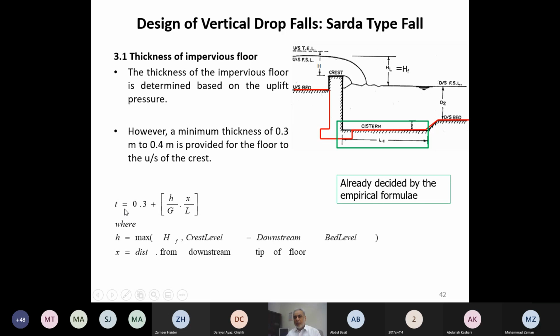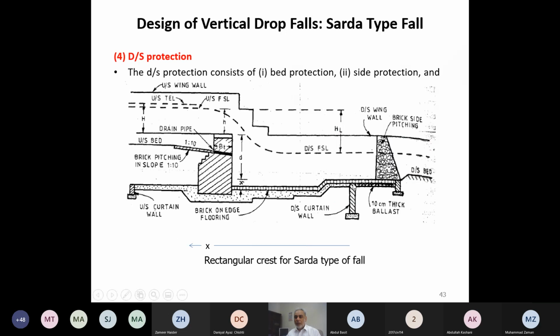On the downstream side, at least 0.3 meter will be provided always, wherever pressure head or seepage head is not requiring any thickness, even then 0.3 meter will be provided. So 0.3 meter plus head causing seepage divided by G into L, H over G L multiplied by X. X is the distance from the downstream edge of the concrete floor.